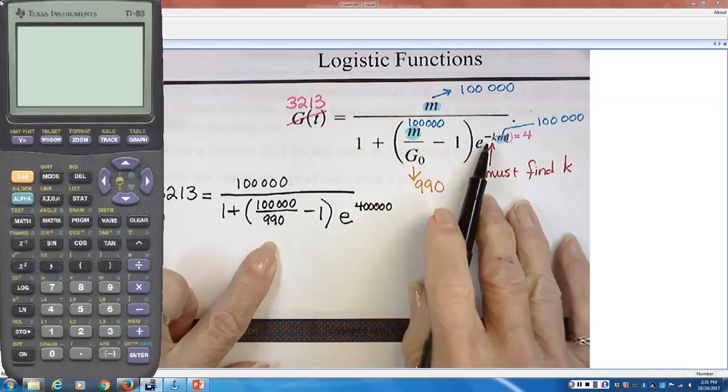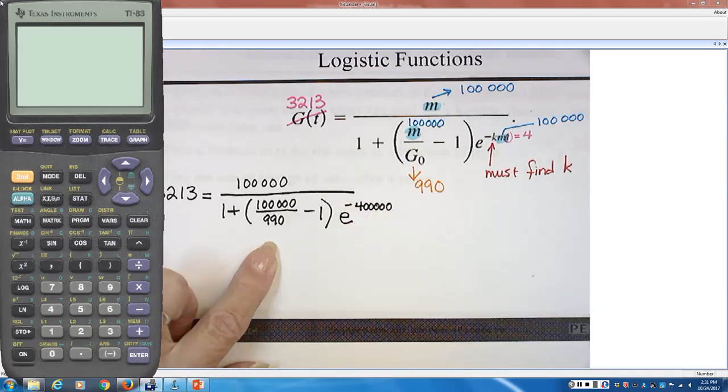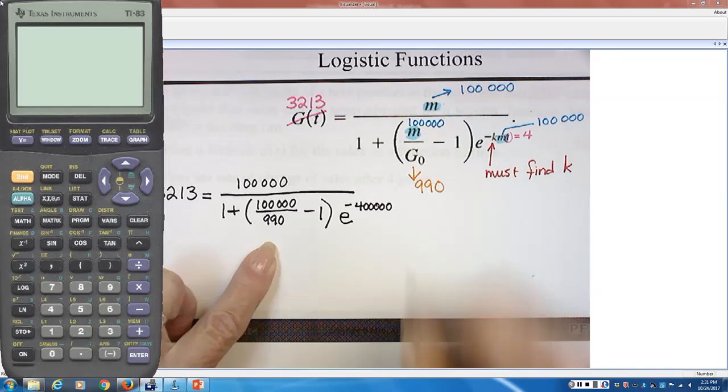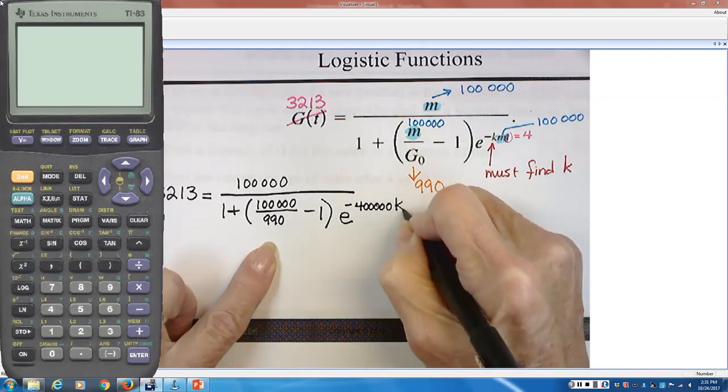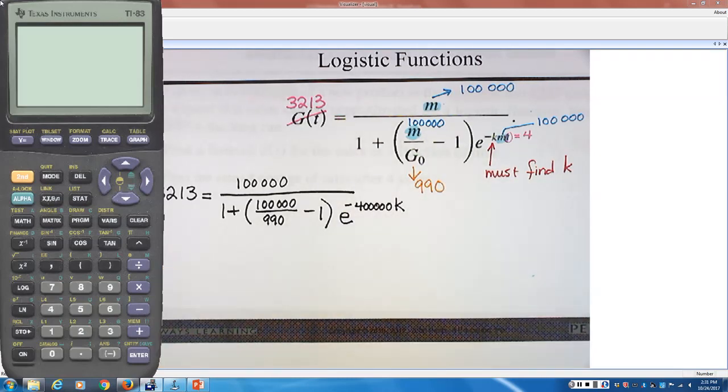And that's negative, so that's going to be negative 400,000 times K. Okay?